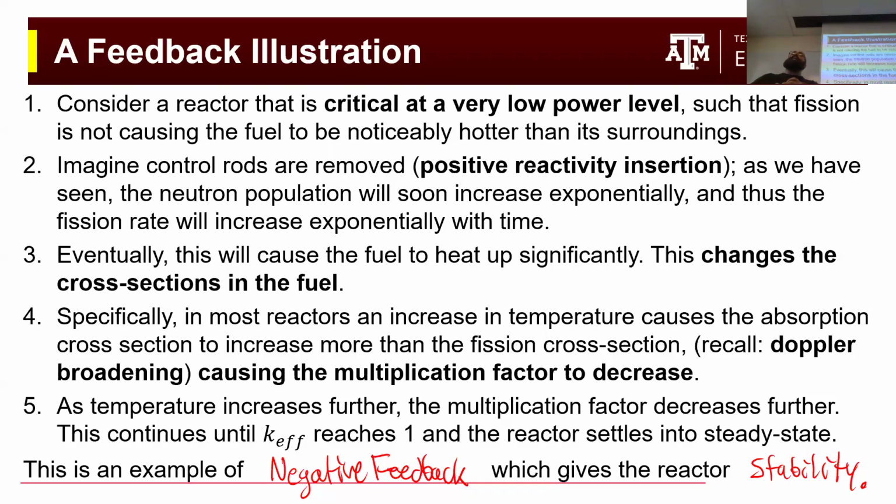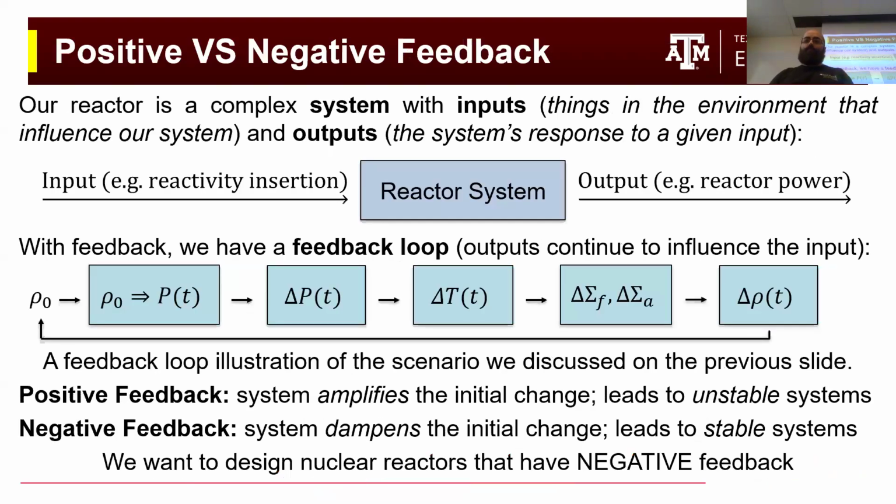If you have a change that gets amplified by your system, that's positive feedback, which would be really bad. If this reactor had positive feedback, the increase in reactivity would increase the temperature, which would increase the reactivity, which would increase the temperature, and then your reactor blows up. So we like negative feedback because it means our systems can be controlled, and it gives us stability.